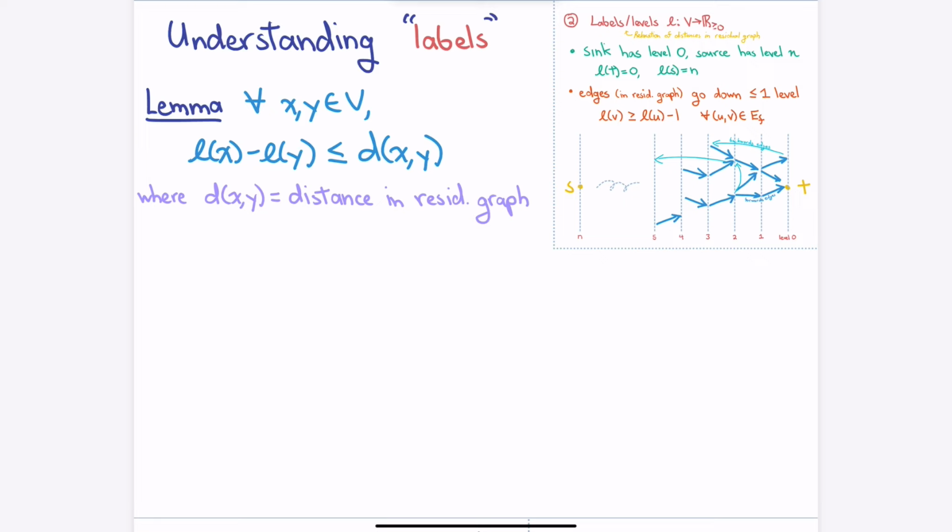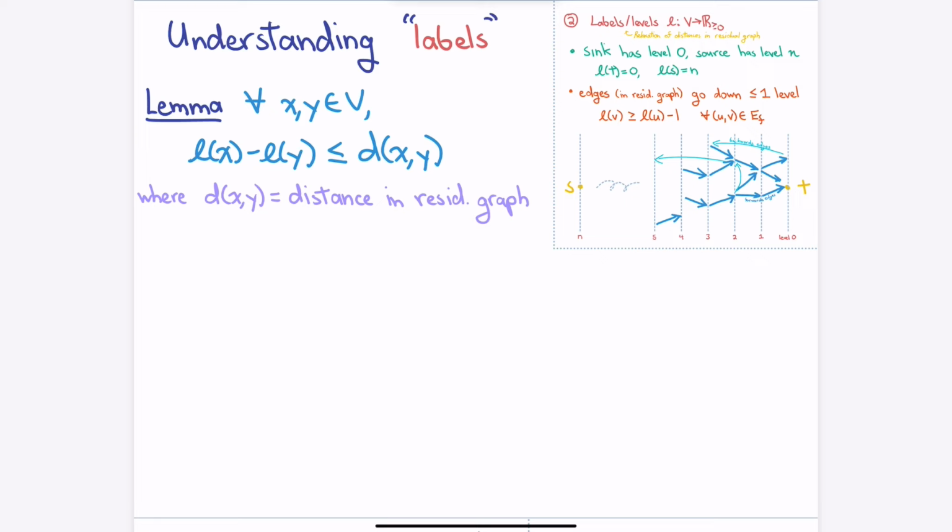The next step is to try to understand these labels. So the motivation behind the labels is to act as a sort of proxy for distances. This time we'll probably focus more on distance to sink, but that'll become clearer. So here's the claim. The claim is that for any two vertices x and y in the residual graph, they have some distance.